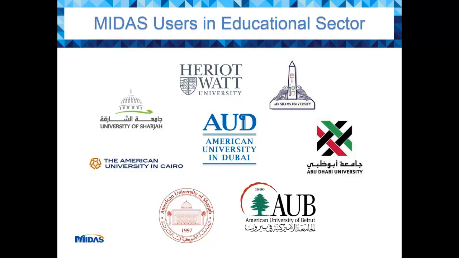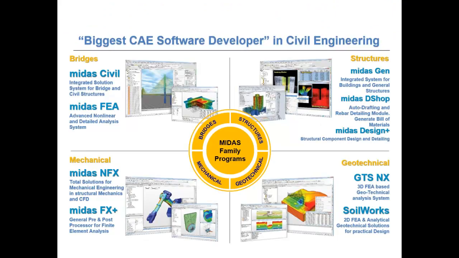Let us look into what software solutions MIDAS is actually offering its users. Well, MIDAS has 4 main family programs: bridge, structures, geotechnical and mechanical. In the bridges family, we have MIDAS Civil and MIDAS FEA.